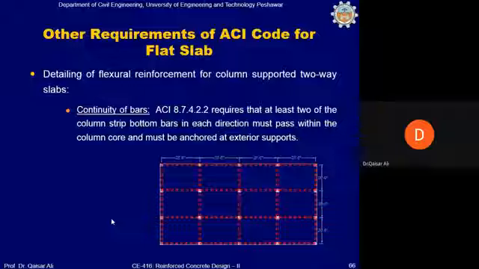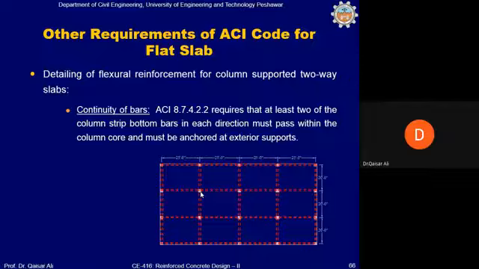Continuity of bars. ACI 8.7.4.2 also requires that at least two of the column strip bottom bars in each direction must pass within the column core and must be anchored at exterior supports. Basically, these are the column strip positive bars.